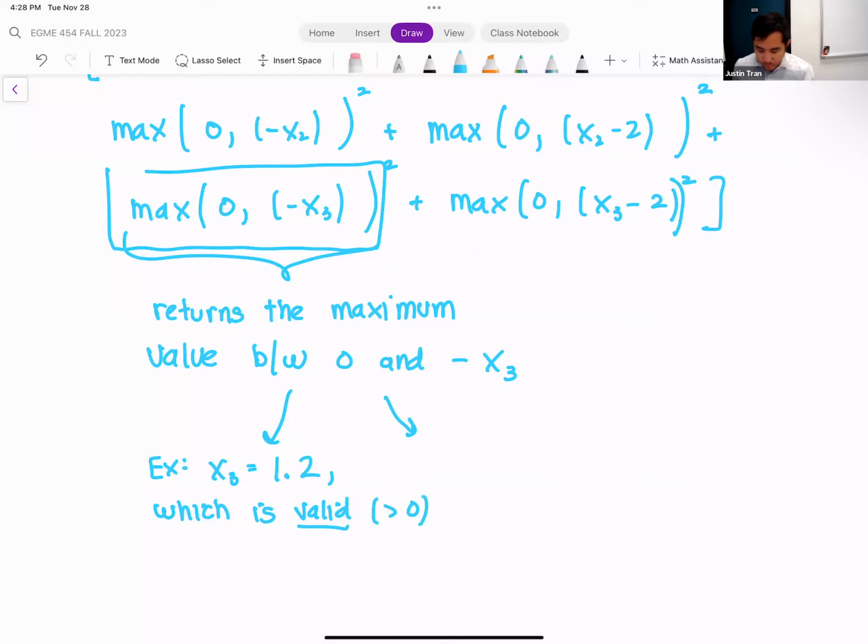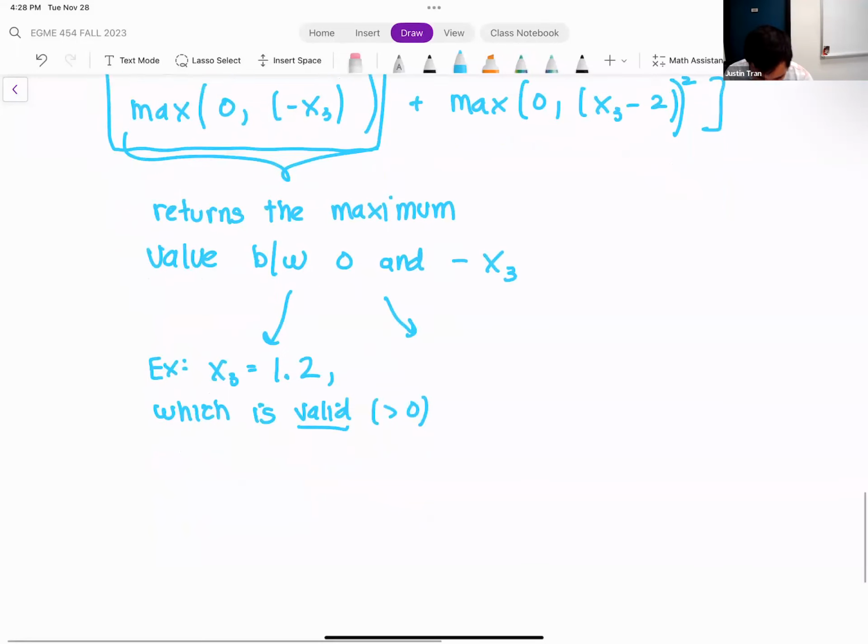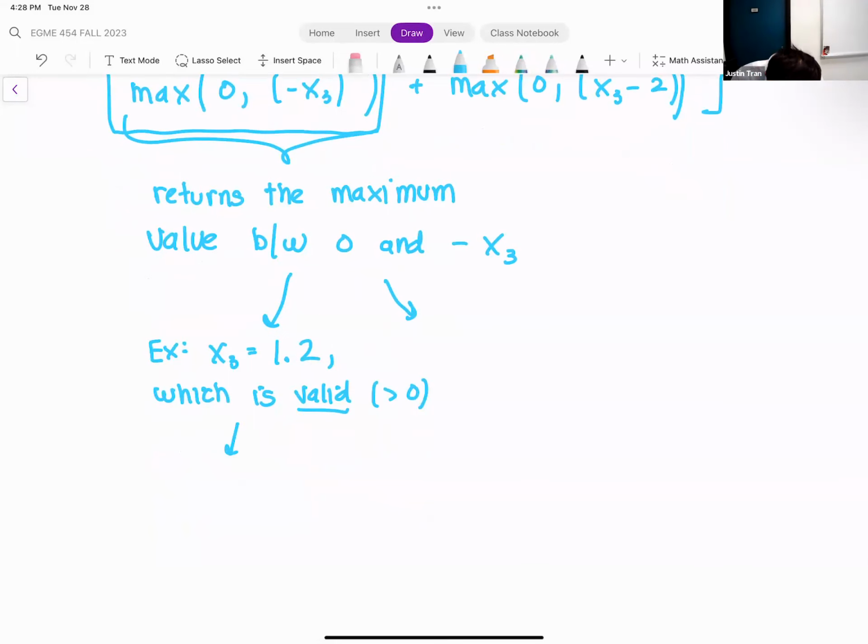Since this point is valid, we do not want to add any penalty. We only want to penalize this point if it violates our constraint. So let's check to make sure that that's true.